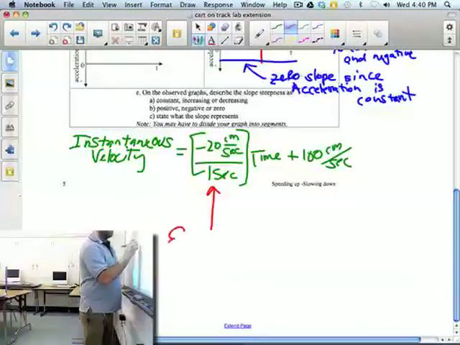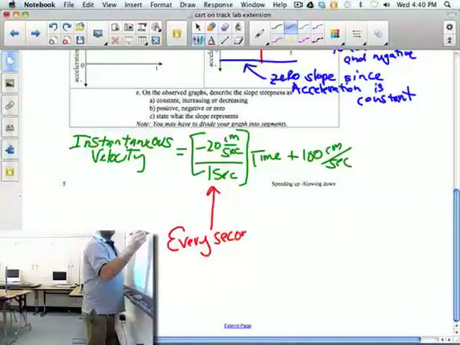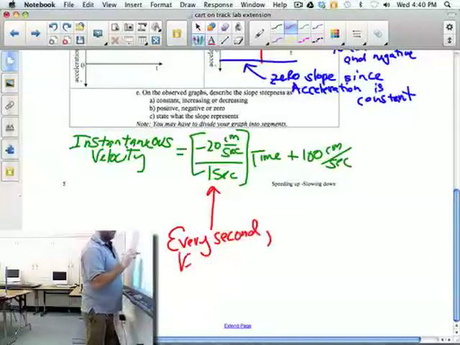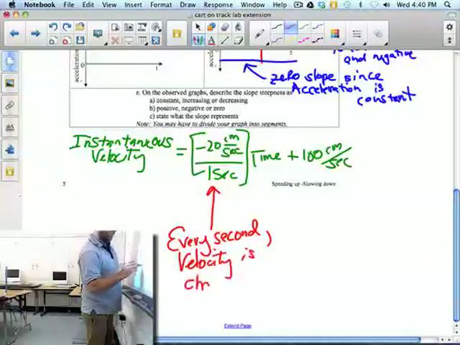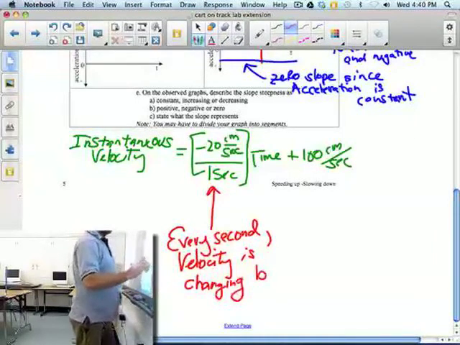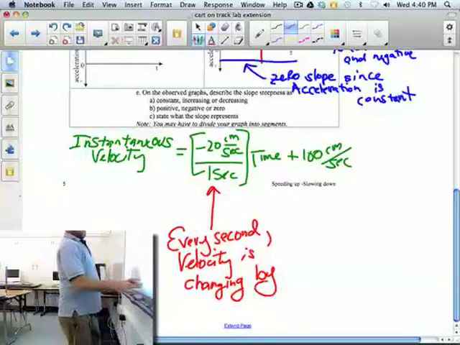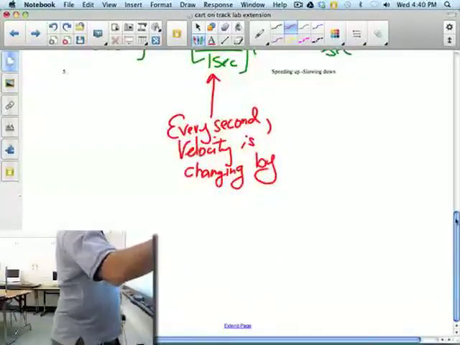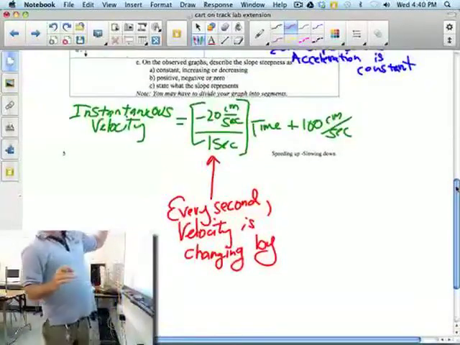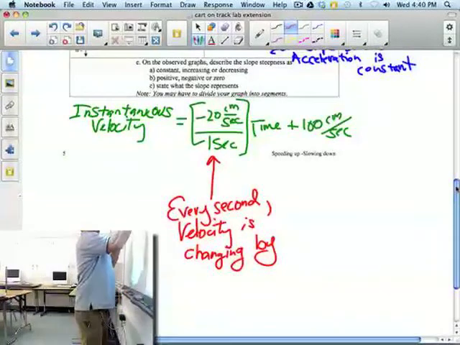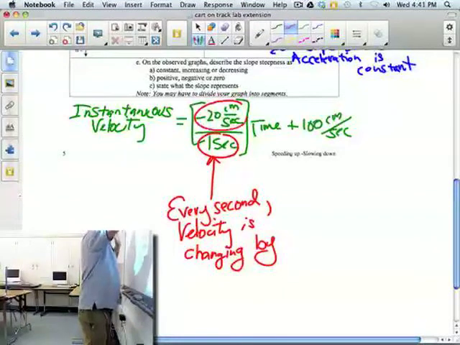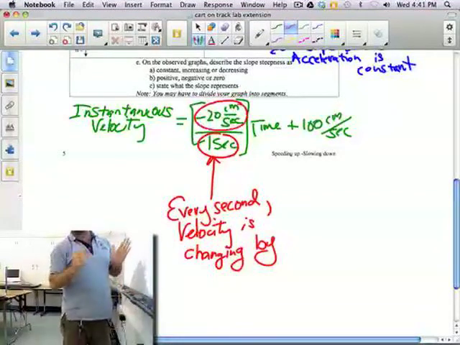So every second, it looks like the velocity is changing by how much? Well, each second, the velocity is changing by negative 20 centimeters per second. Okay?